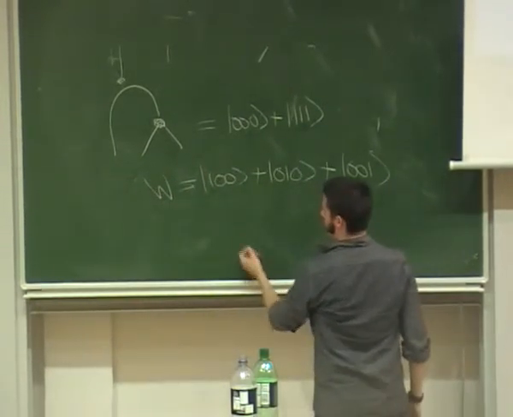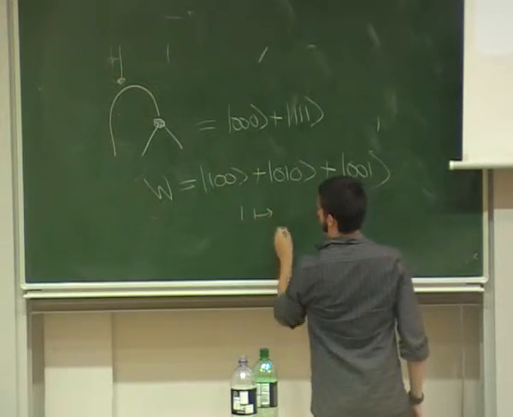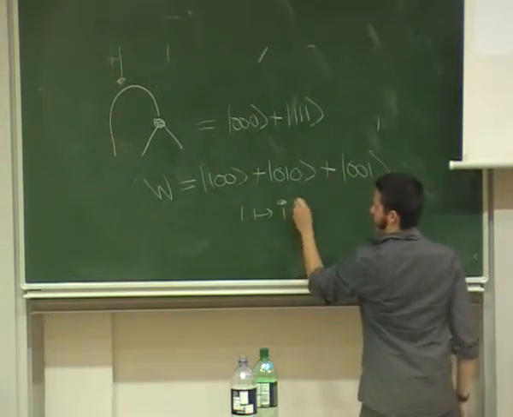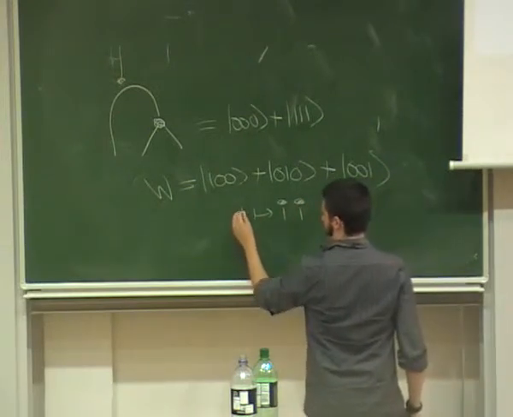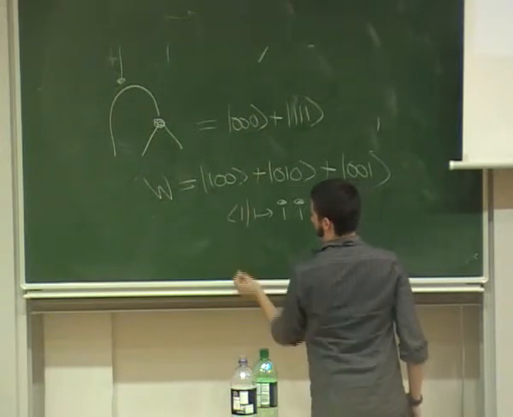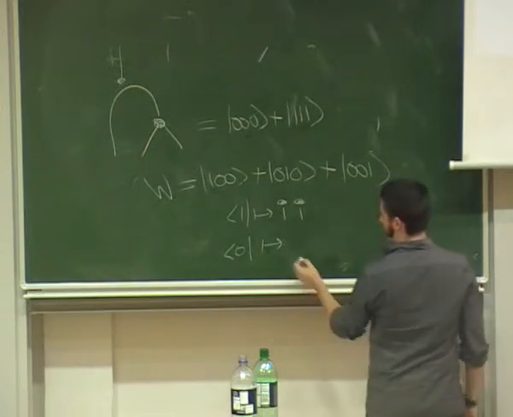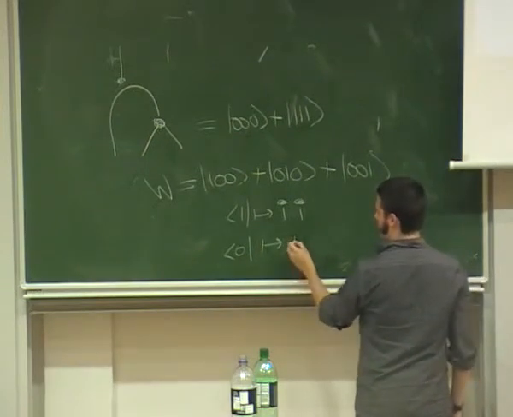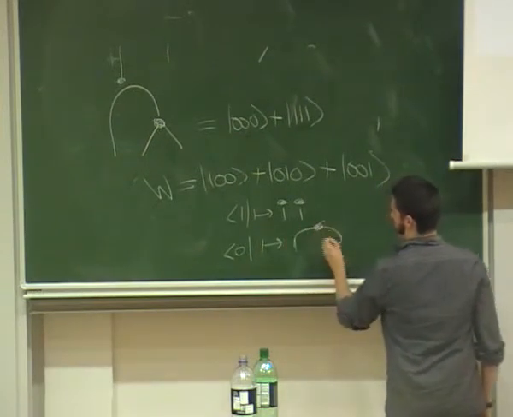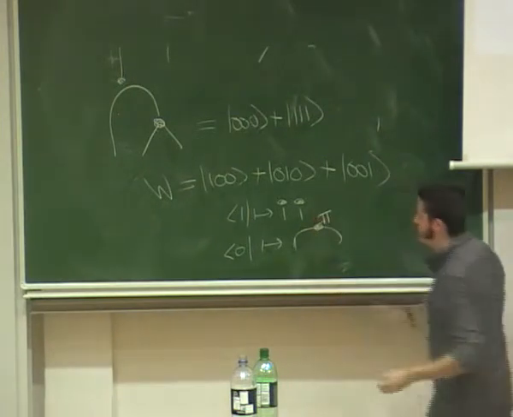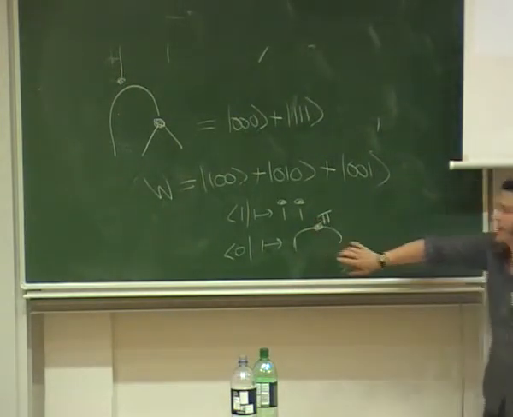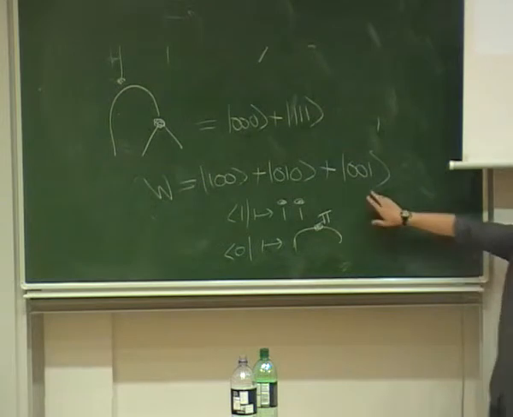So for an input of bra 1, we get this thing. For an input of bra 0, we get this thing. So this was our classical map. We've taken it and bent one edge over and gotten an EPR state out of it.